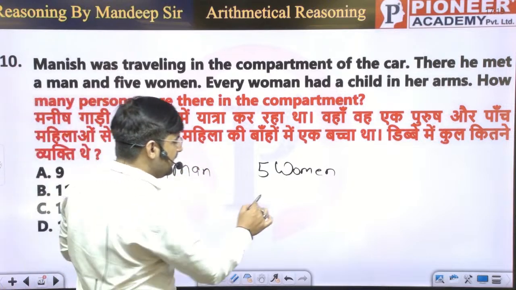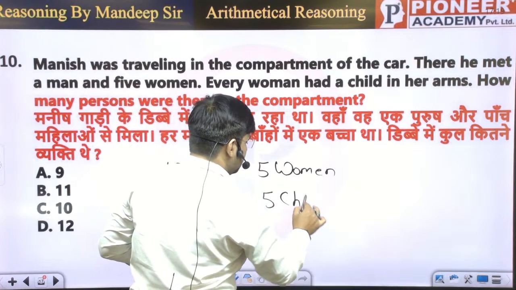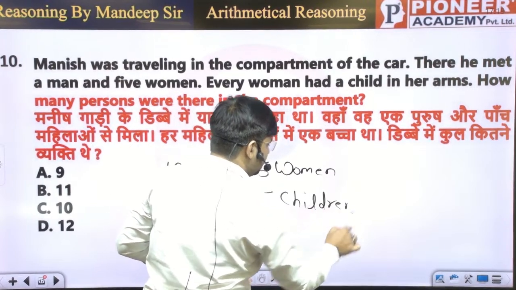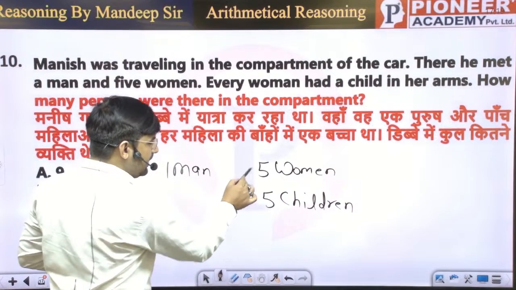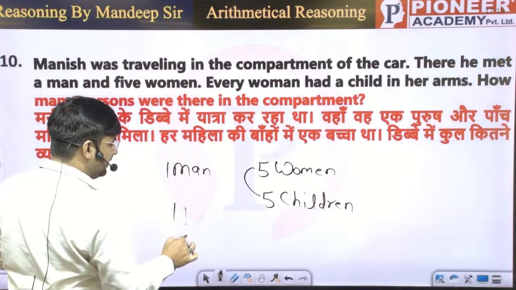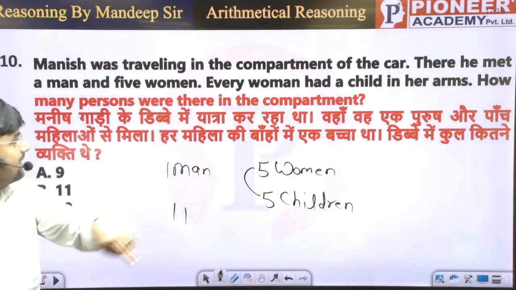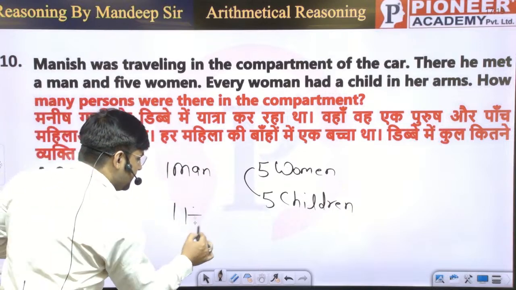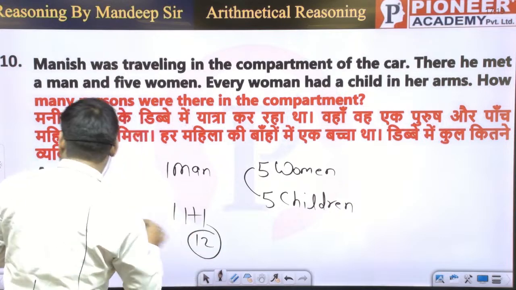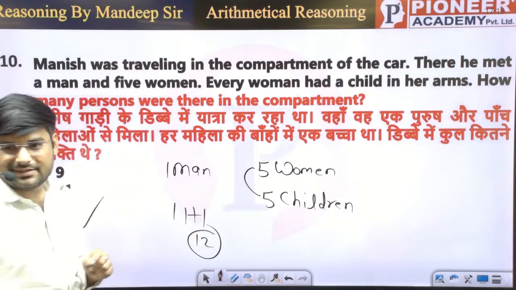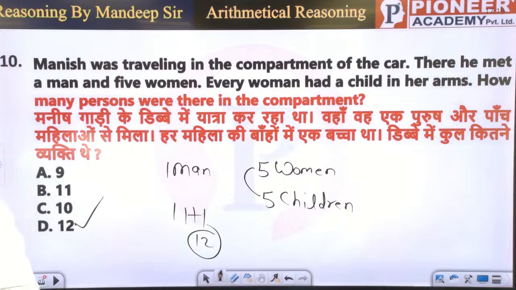So 5 women and 5 children. So 5, 5, 10, 10 plus 1, 11. And Manish is also in this compartment. 11 plus 1, 12. So 12 is the correct answer. Clear?